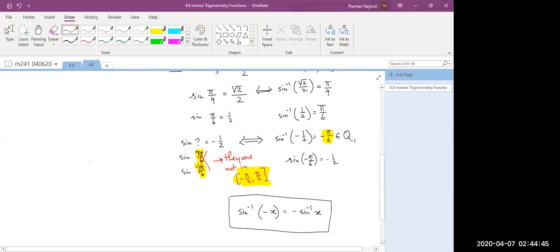Okay, so if I go on a bit further, suppose, for example, what is sine inverse of negative radical 3 over 2? Sine inverse of negative radical 3 over 2. This question here.